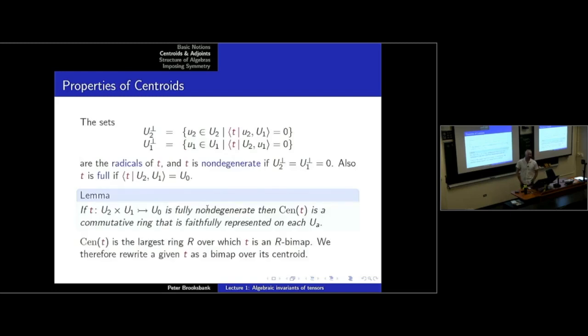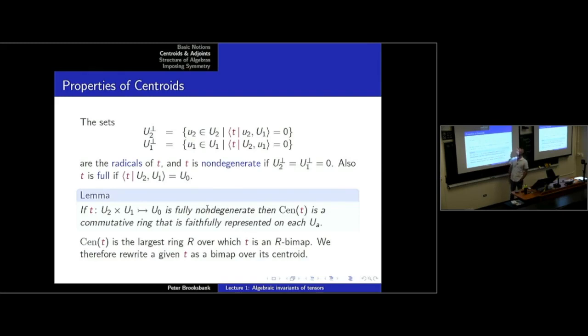A couple of other things are introduced at this point. The radicals of a bimap: I'm not sure anyone has talked about that in the talks so far. The radicals are pretty much what you think they would be, but there are two of them here, one in the 2 coordinate and one in the 1 coordinate. These are all the vectors in U2 such that if you take everything in U1 and apply the tensor, you vanish.